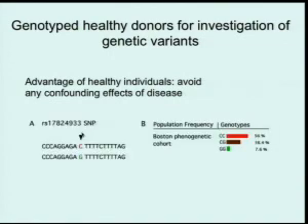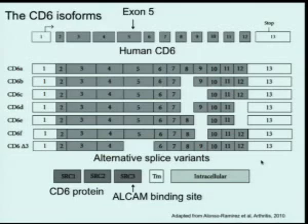Here's a particular SNP, the C and the G SNP. Here's a population frequency in the Boston cohort. So if you want to study the GG homozygote, it's only in 7% of the population. You want to call these individuals in to be able to study them, which we did. Here's the CD6 gene with the multiple exonic regions. There are various alternative splice variants.